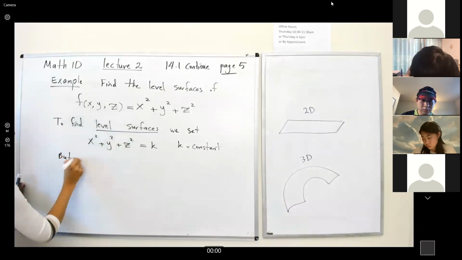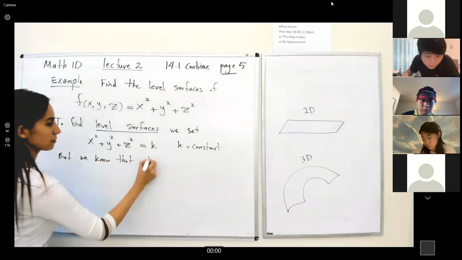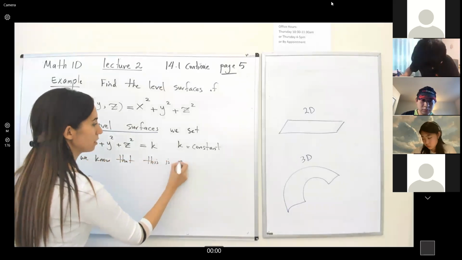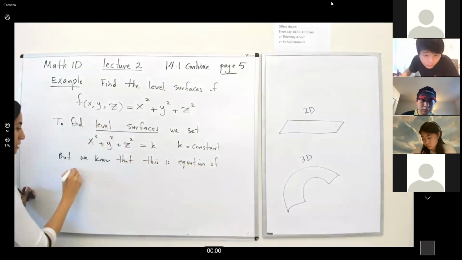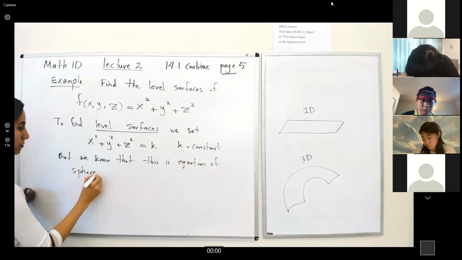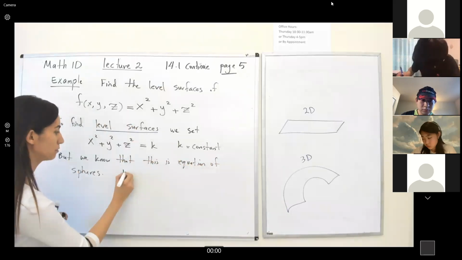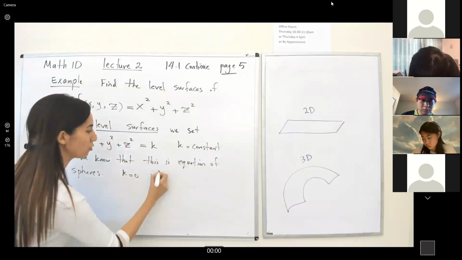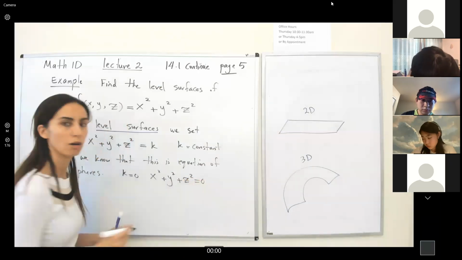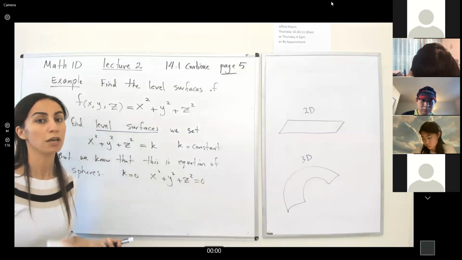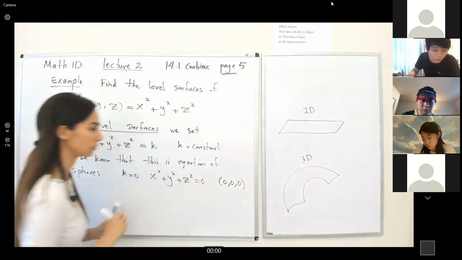But we know that this is the equation of spheres. If k is equal to 0, then you have x squared plus y squared plus z squared equal to 0, which is actually the origin in three-dimensional space, 0, 0, 0.